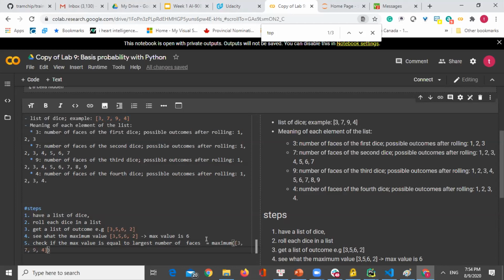So basically, I need to check if 6 is equal to 9, right? Yes, you will have to check, but it's not in our function. They don't let you check if it is equal to 9.